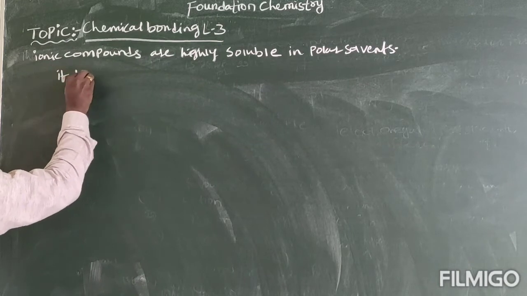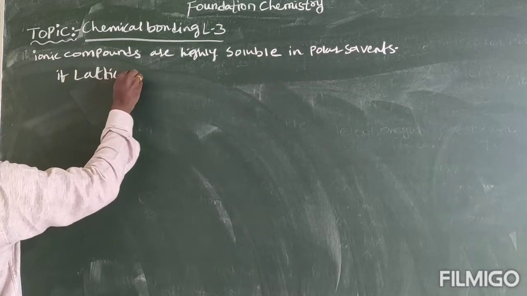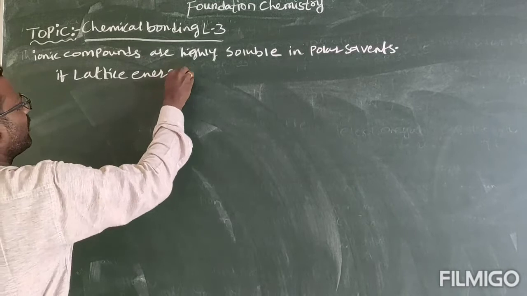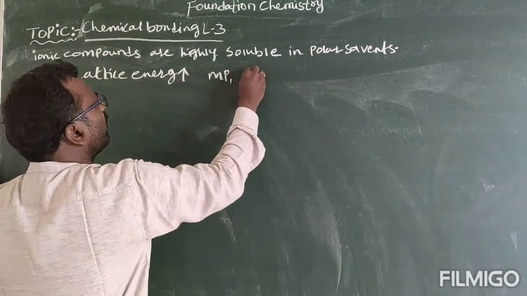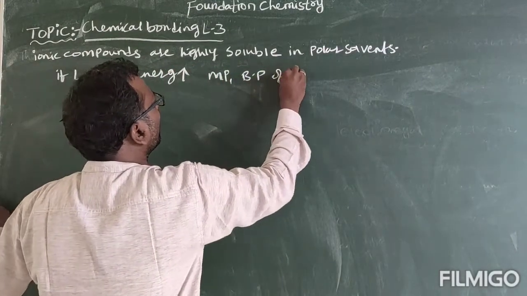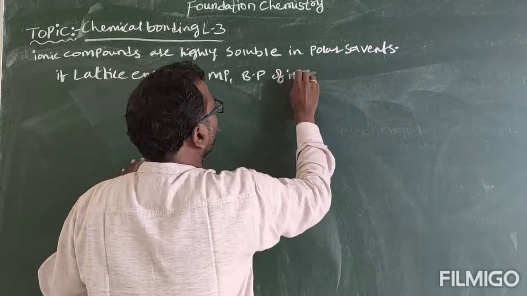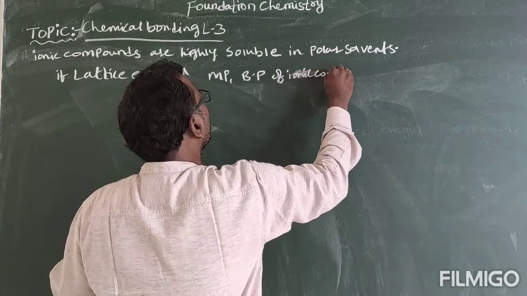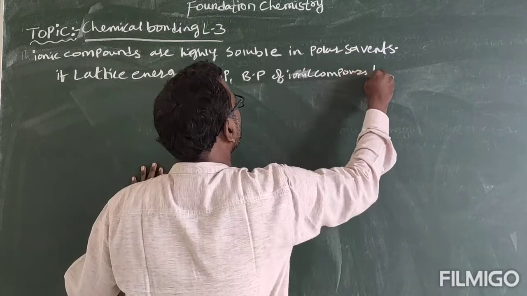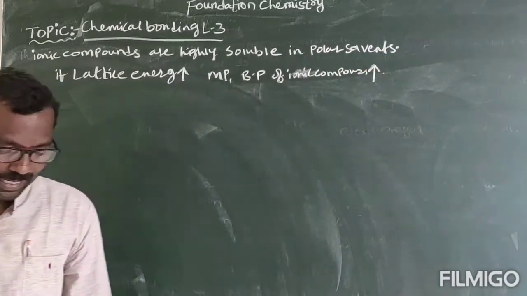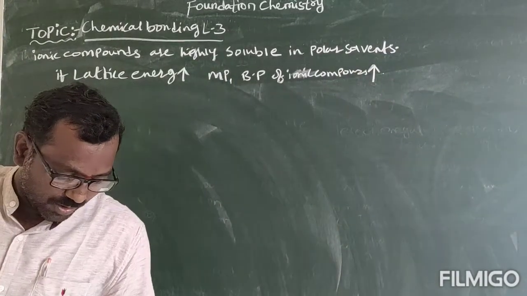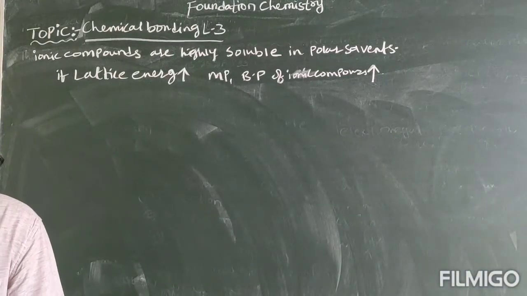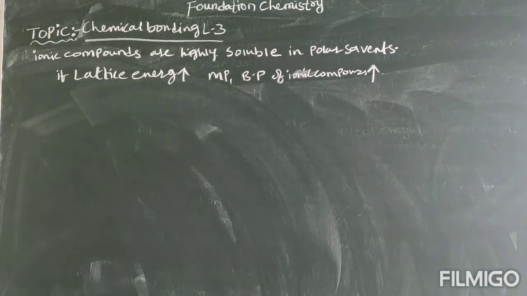If lattice energy increases, then the melting point and boiling point of ionic compounds also increase. With the increase of lattice energy, the melting and boiling points of the ionic compounds will also increase. That is the concept.